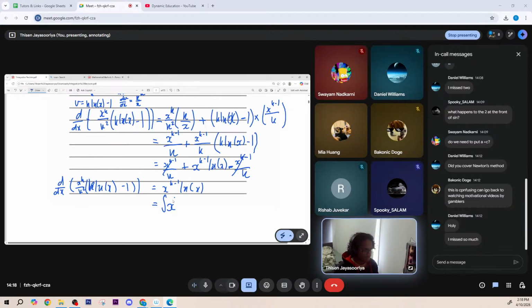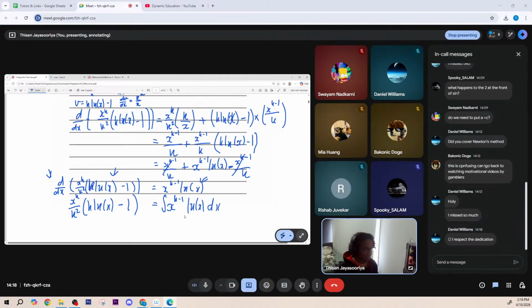So it'd be the other side. So it'd be here, the integral of k x take away 1 ln of x dx is equal to x to the power of k over k squared, k ln of x take away 1. Yeah? So the integral expression is just the reverse. If this is the derivative of this function, that means this is the integral of this function over here.